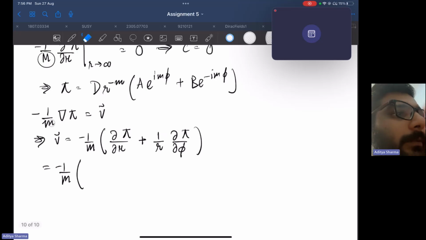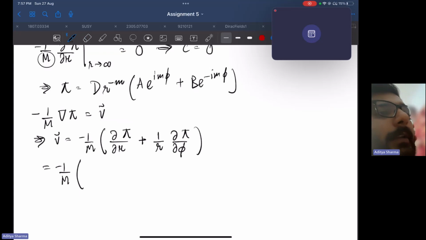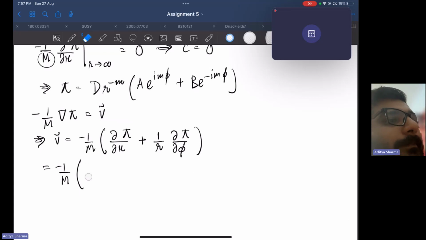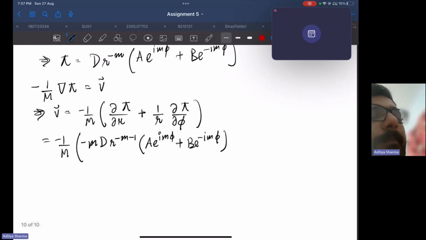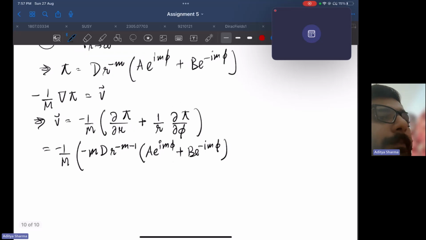This m is mass. So del r, that is b, minus b r to the power minus m minus 1, a to the power minus i m theta plus b to the power minus i m theta, plus 1 by r b at minus m.